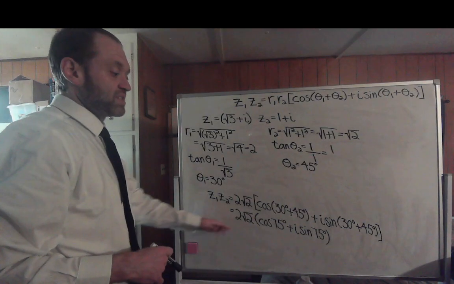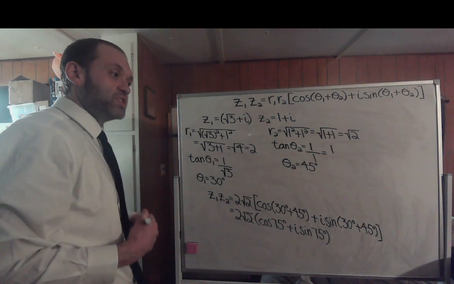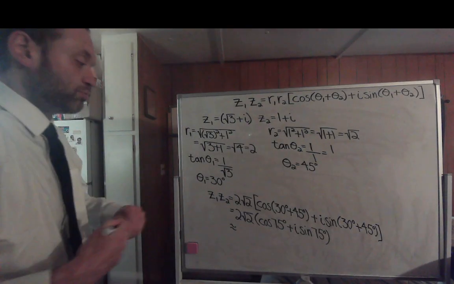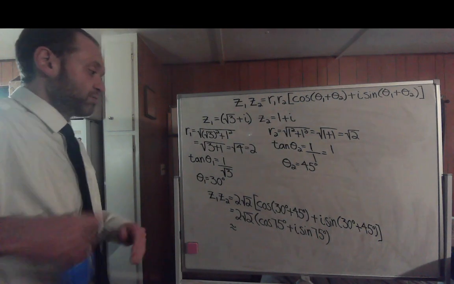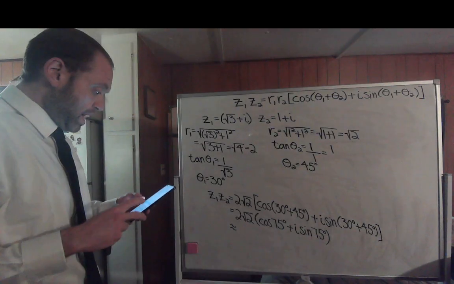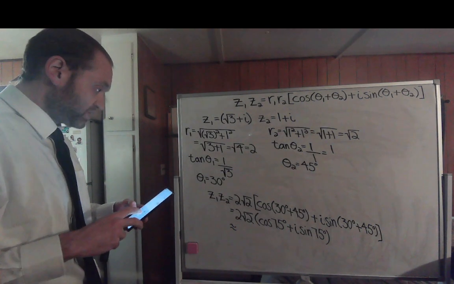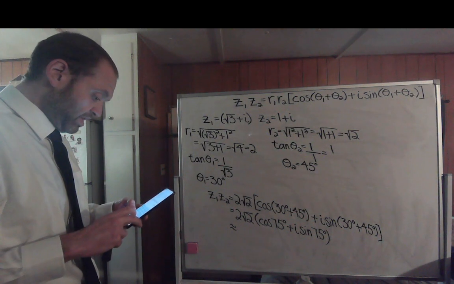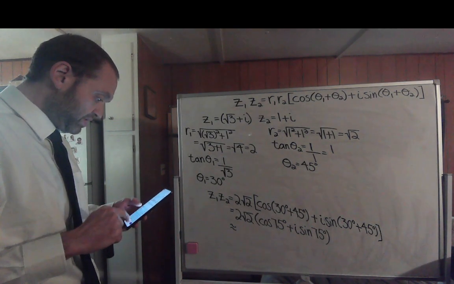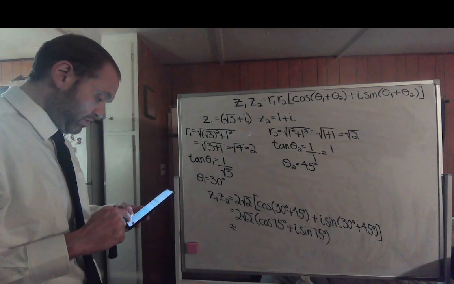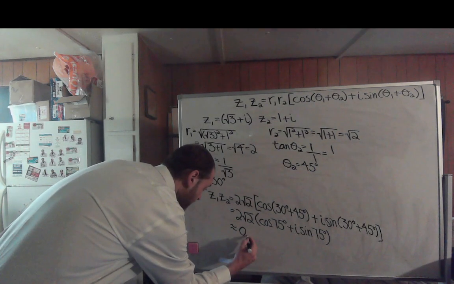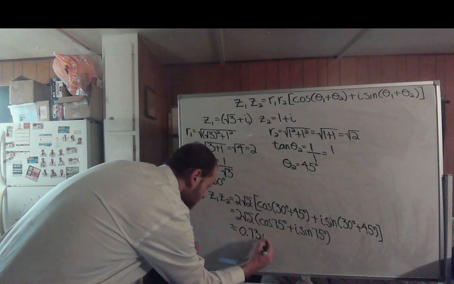If we want to convert this into standard form, we might have to round a couple decimal places. We're probably going to get a decimal number for this. So, alright, let's see here. What is the cosine of 75 times the square root of 2 times 2? That would give you about 0.73 plus i.